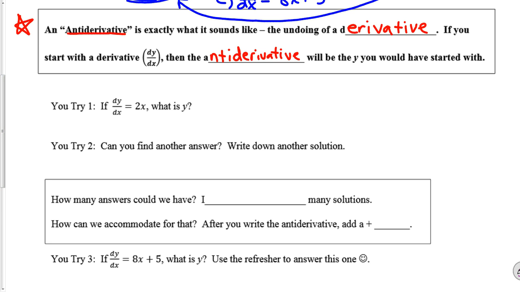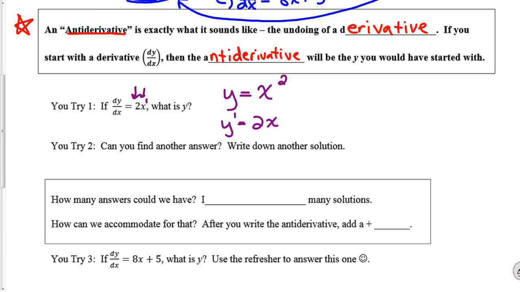So what did my function have to be to start with? Well, to get this 2 right here, I really should have had an exponent of 2. And my x here is really now raised to the first power. So if I were to have taken the derivative of x squared, let's just check, I should get 2x.